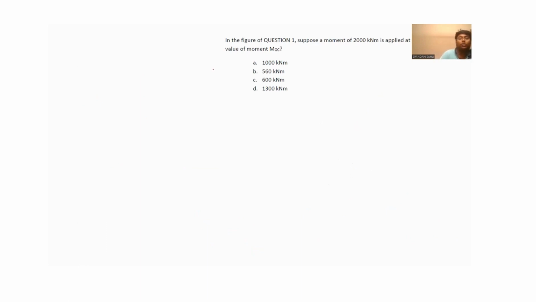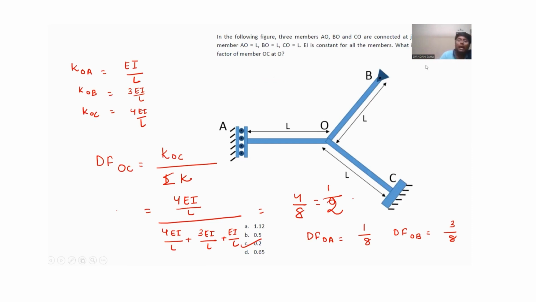Now this is question 2. Now read the question and tell me what we need to calculate. In the figure of question number 1, suppose a moment of 2000 kilonewton meter is applied at joint O. What is the value of moment MOC?